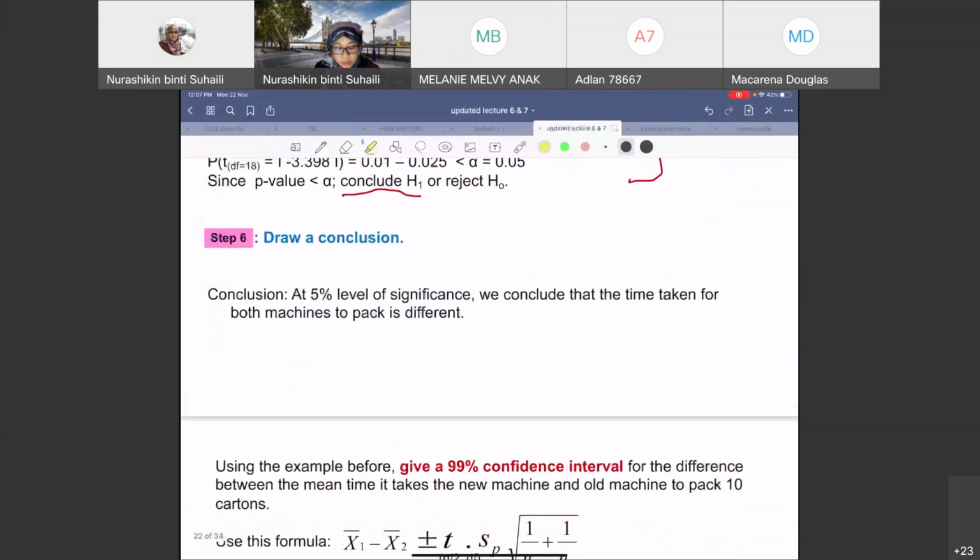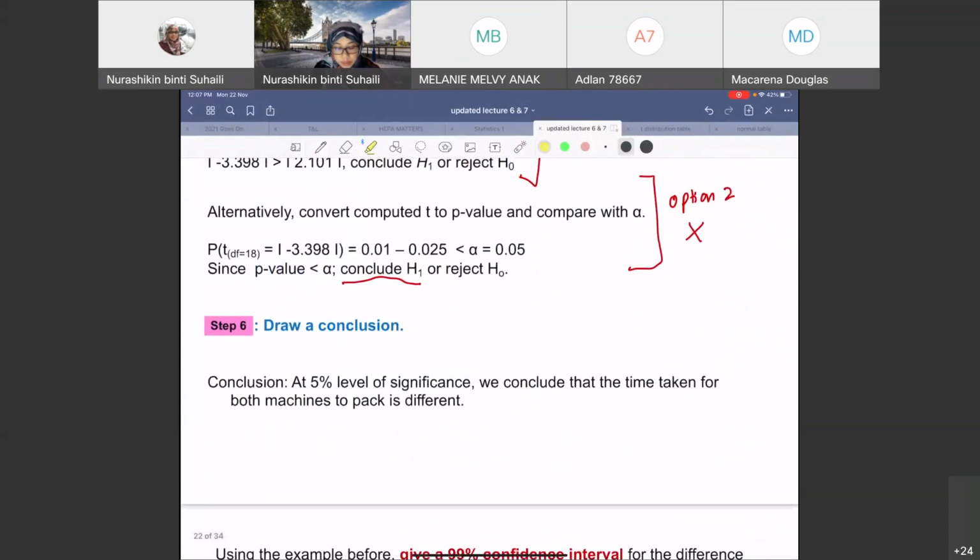It means the time taken for both machines to pack is different, because the machines actually represent the populations. Basically, the keyword is different. It's not the same. It's not equal. So that's how you solve the problems for unknown standard deviation of the population.